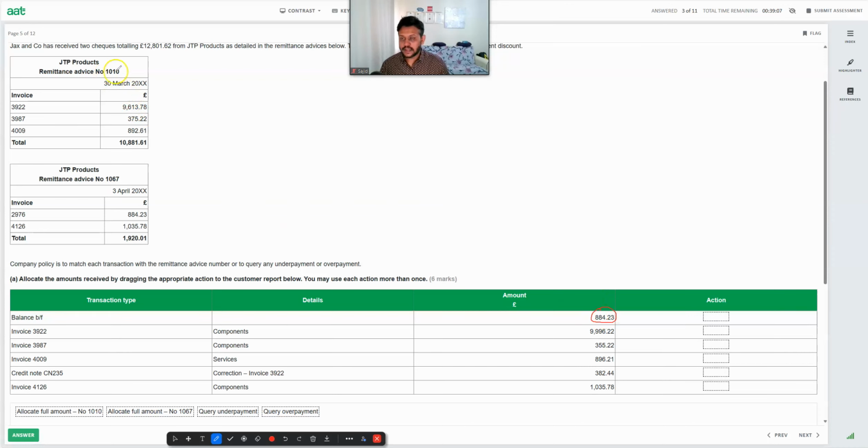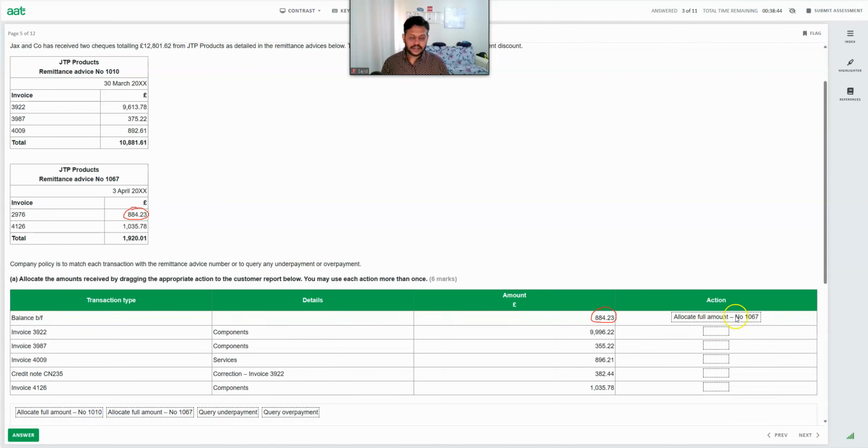On the remittance advice 1010, I don't see this amount. But on the next one I can see exactly 88423, this one. So I want to allocate this one. I said yes, this amount is paid. So I allocate full 1067. On this remittance advice 1067, I have this money 88423. So I say this is paid.